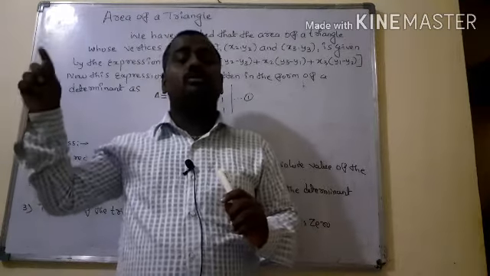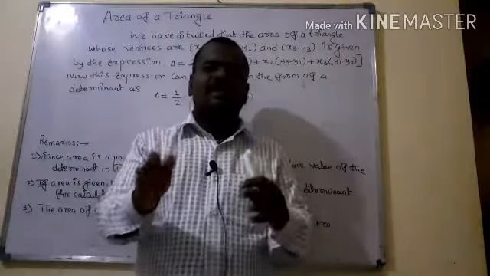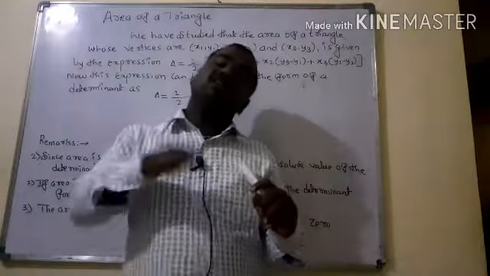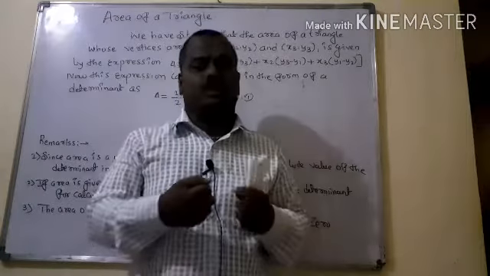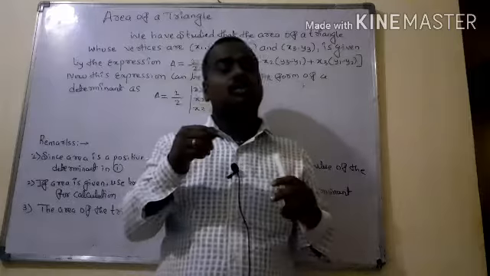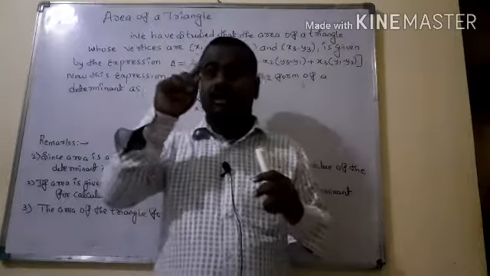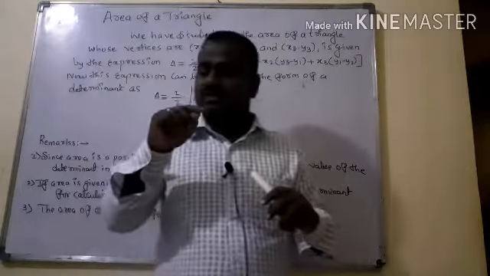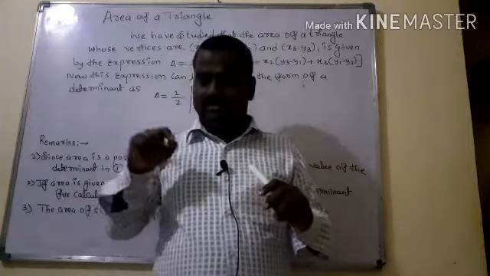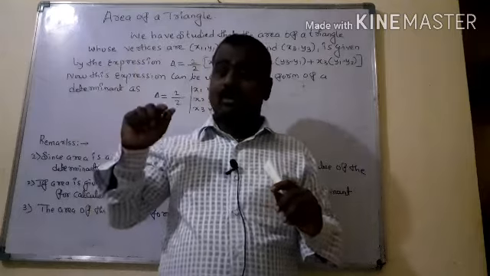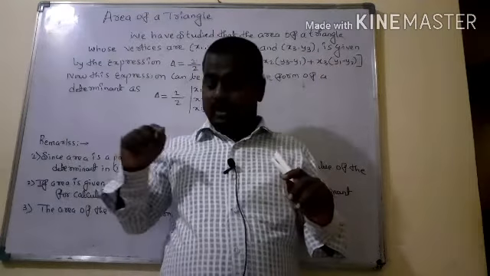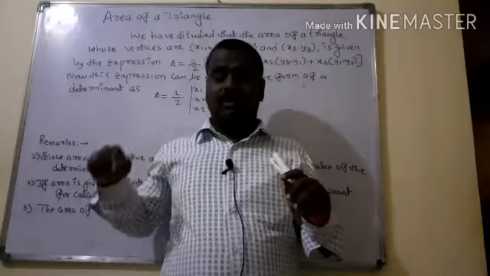This expression can be converted, and now we are going to express it in the form of a determinant. So del equals 1 by 2 times the determinant: first row x1 y1 1, second row x2 y2 1, third row x3 y3 1.